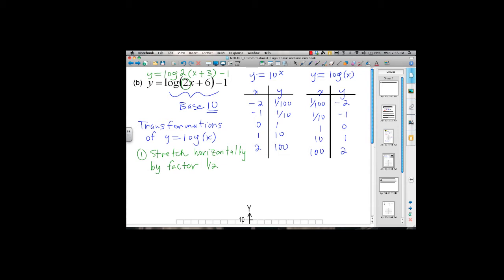Once I've performed that transformation to my base function, the next thing I would need to do is address the translations. According to what's inside the brackets, I would translate left 3 units. And because of the minus 1 outside of the brackets, I would have to go down 1 unit.